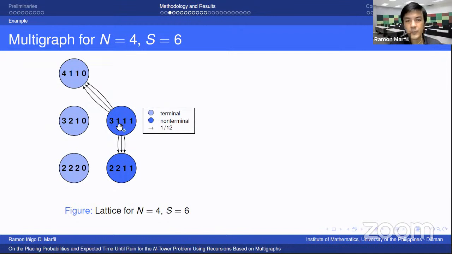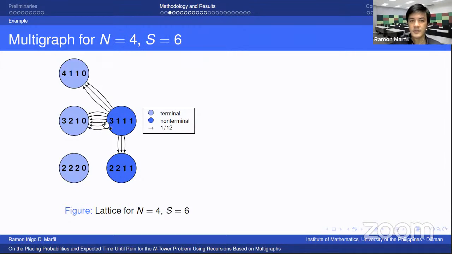Pwedeng dalawang 1 yung magkalaban. Okay? So kung dalawang 1 yung magkalaban, ang posible lang mangyari dyan ay yung mako-combine yung wealth nila, magiging 2, tapos yung losing player, mawawala na yung wealth niya. So magiging 0 yung wealth.